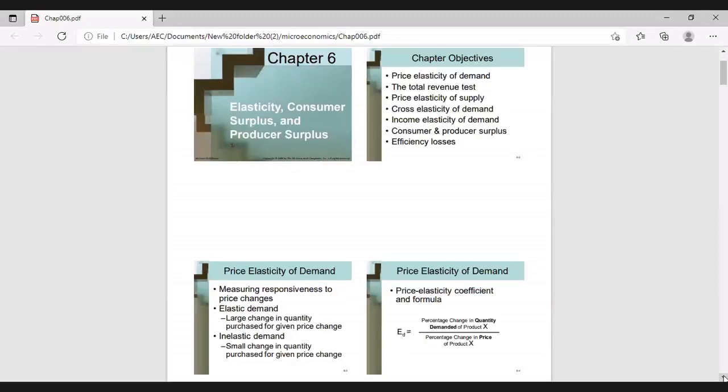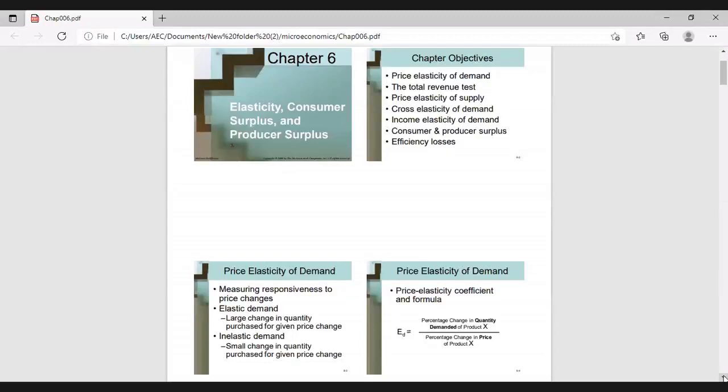So if the consumer response is relatively small for a given price change, then we say that demand is inelastic. So the elasticity of demand coefficient is less than 1. Then we say that is inelastic demand. Consumers' response is relatively small for a price change.